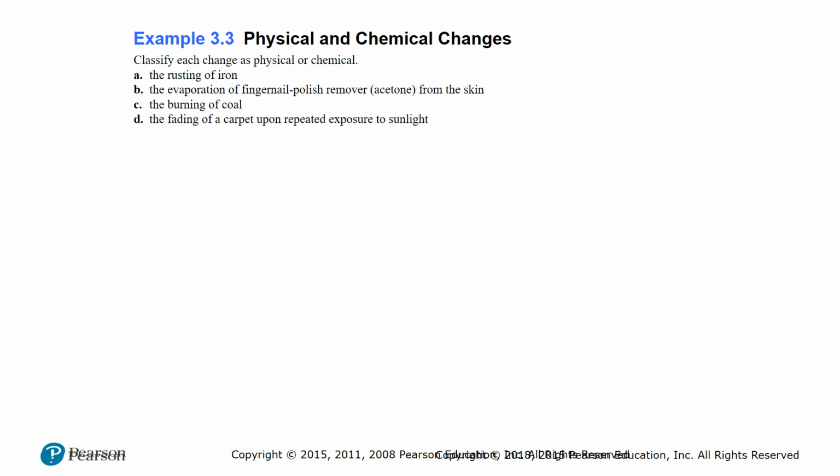Carpet fading because of sunlight exposure. I would probably lean to chemical on that one. That one would be like a light interaction. Photosynthesis is a chemical process, so I would treat it in a similar vein. Something's happening to that dye in the carpet when the sun interacts with it, that it changes color or loses its color. Think about film developing.